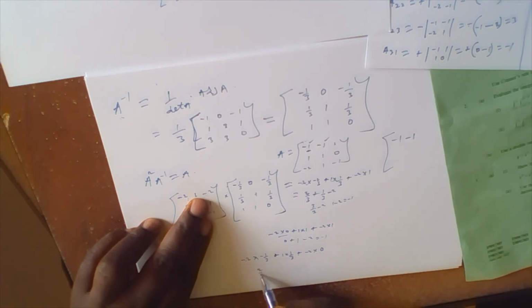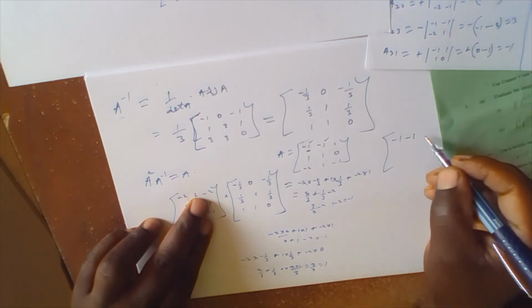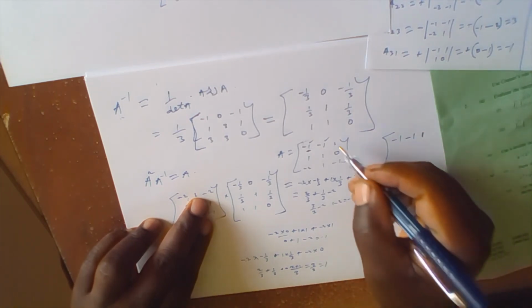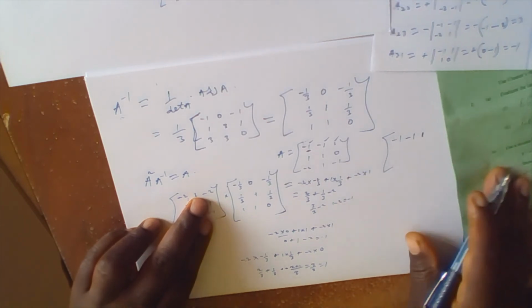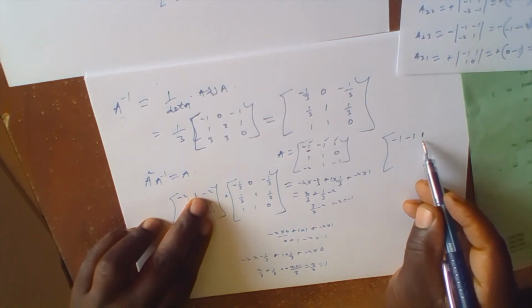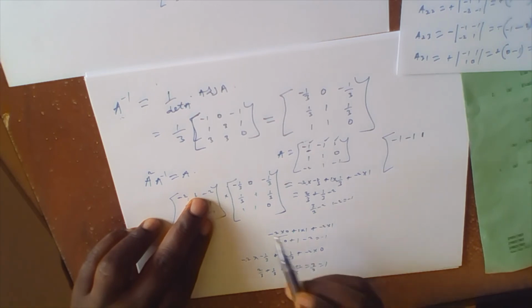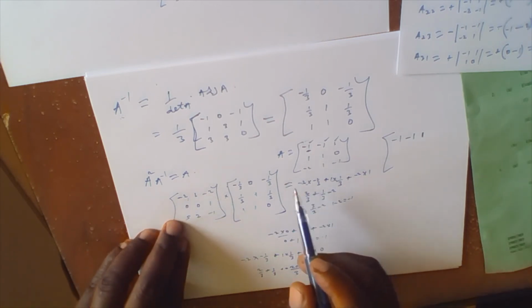So here you'll have 2 all over 3 plus 1 all over 3, then plus 0. So the LCM here is 3, so we have 2 plus 1, which equals 3 all over 3, which equals 1. So this is 1. So we are through with the first row. We go to the second row.